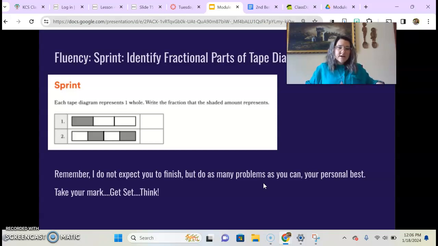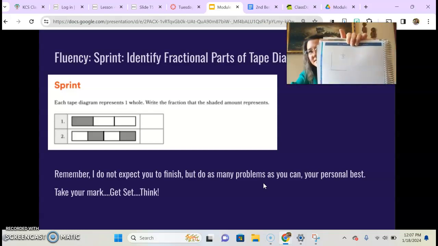So what fraction represents number 1? Okay, so you should have said, and I'm going to write the fraction here. I made an oopsie earlier, so ignore my lines. Should have said 1/3. 1 out of 3 parts are shaded.